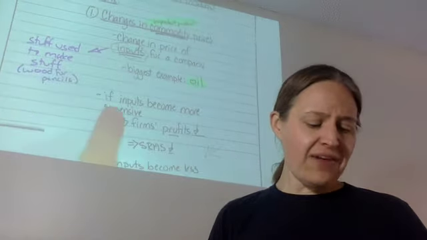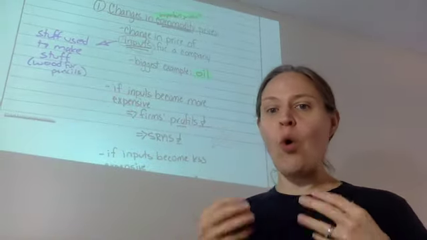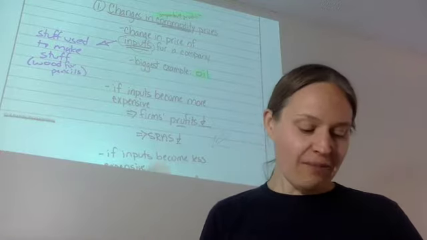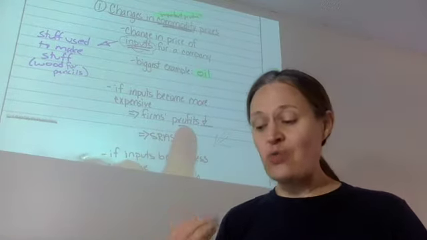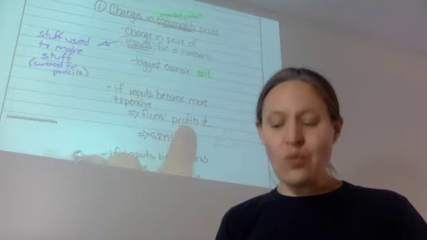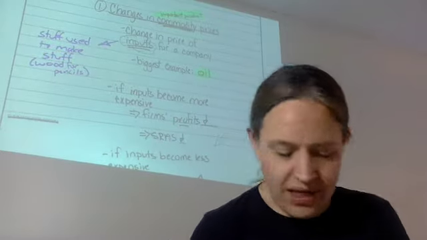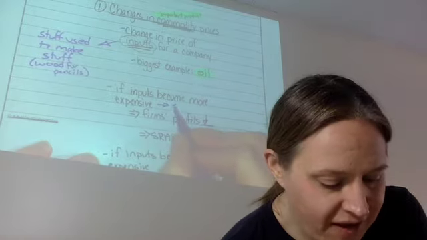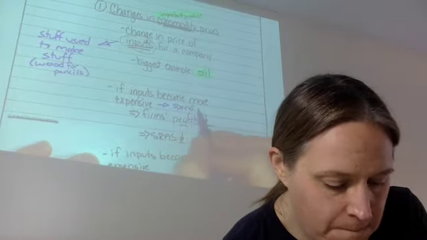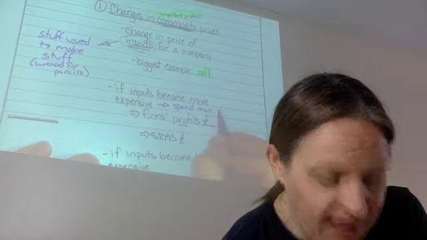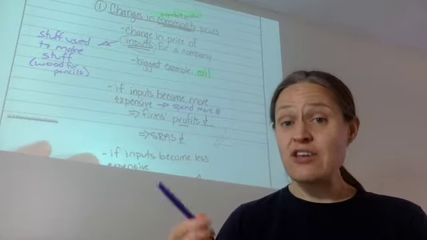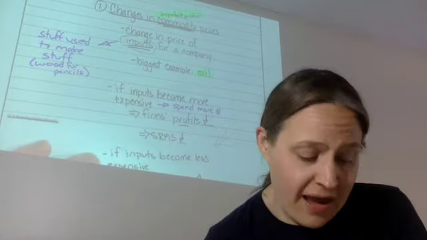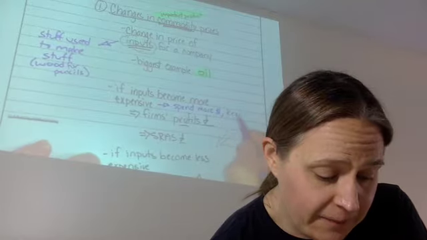And so if inputs become more expensive, if oil becomes more expensive, that means the firm's profits go down. If it becomes more expensive, businesses have to spend more money, and that means they get to keep less money.